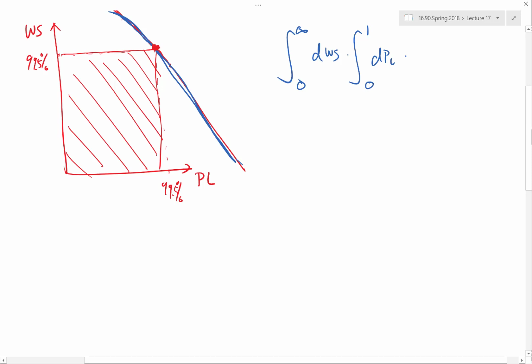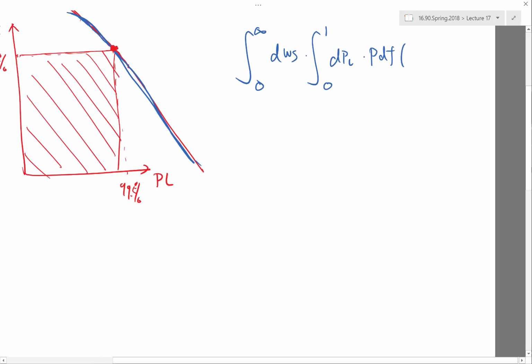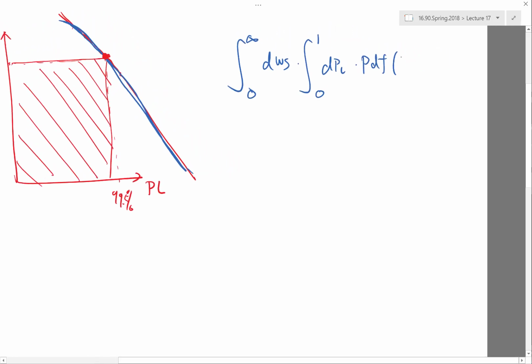What do you actually integrate? Joint PDF. One is the joint PDF, which if you assume payload and wind speed are independent, the joint PDF is just equal to the product of the payload PDF times the PDF of wind speed.